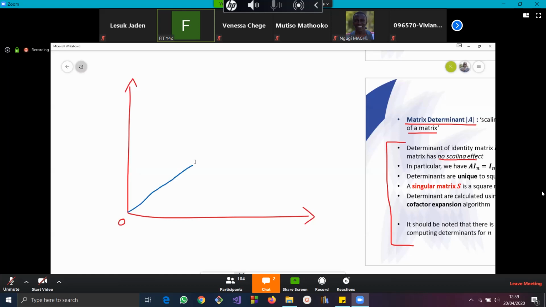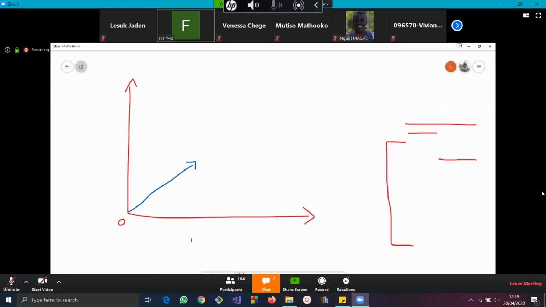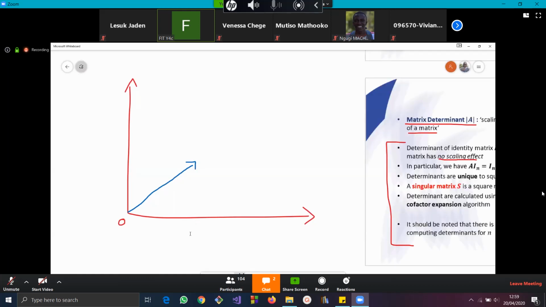This is a vector. Vectors have a direction and a magnitude. Let's say this is the x-axis, so let's say 1, 2, 3, and then this is maybe also 3 or 4.